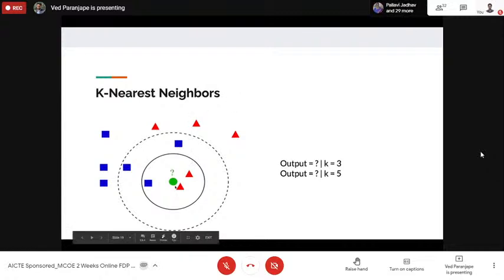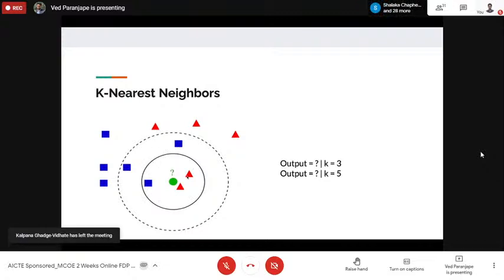This green is an observation that we would like to classify as having lung cancer or not. We can have k, the k in k nearest neighbor, as 3. The three closest observations give a vote as to whether the given observation is going to be positive or negative. If k is 3, it represents this inner circle. We have two negative examples in close proximity and one positive example, so by majority vote, we get this example as negative for lung cancer.